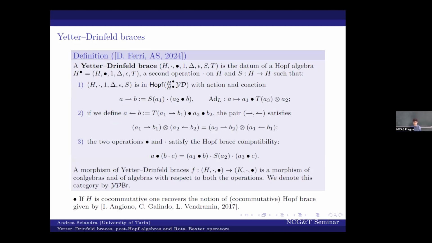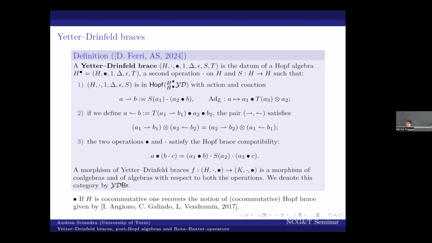A Drinfeld brace is a datum given by a standard Hopf algebra structure H bullet, with antipode T, a second product dot on H, and a morphism S from H to H, such that H dot is a Hopf algebra in the category of Drinfeld modules over H bullet, with this action that we define using dot, bullet and S, the antipode of the dot structure, and the adjoint coaction.